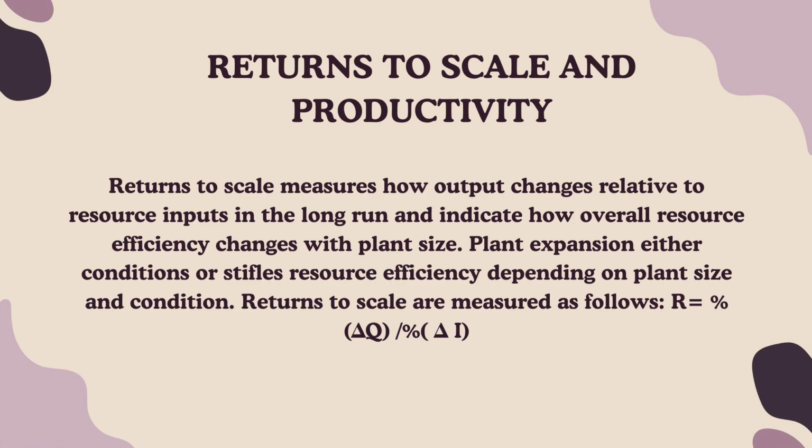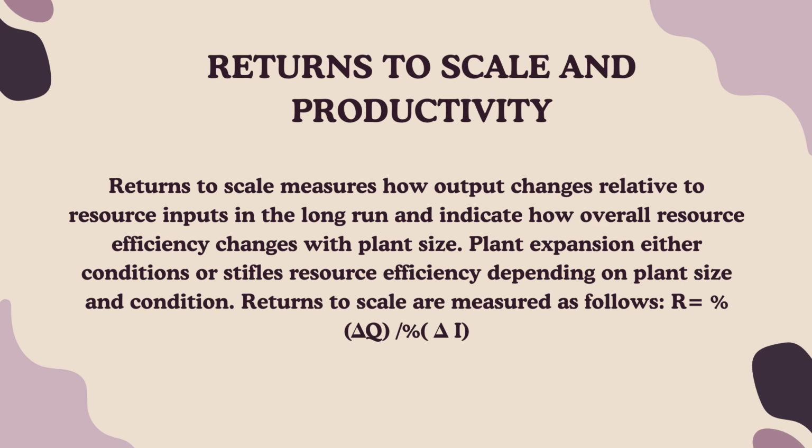Returns to scale and productivity. Returns to scale measures how output changes relative to resource inputs in the long run. It indicates how well resource efficiency changes with plant size. Plant expansion either conditions or stifles resource efficiency depending on plant size and condition.